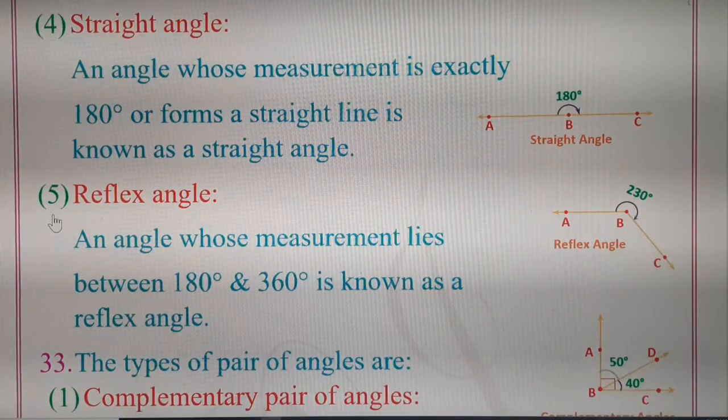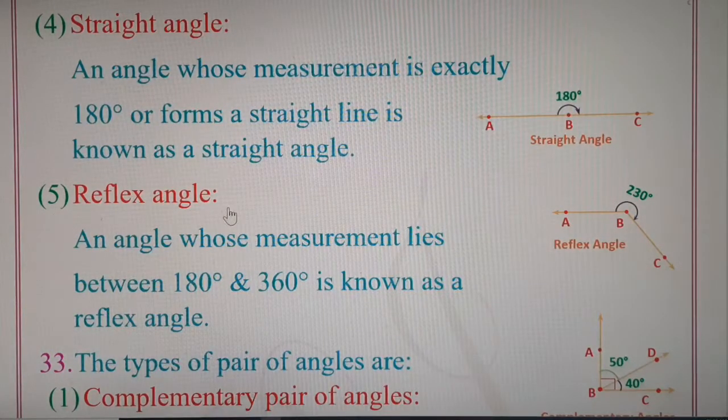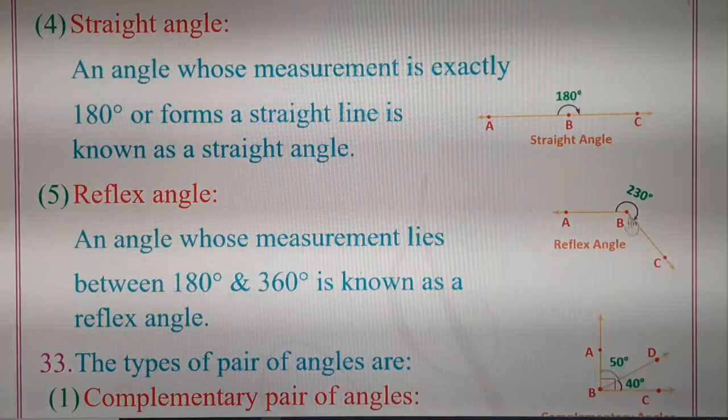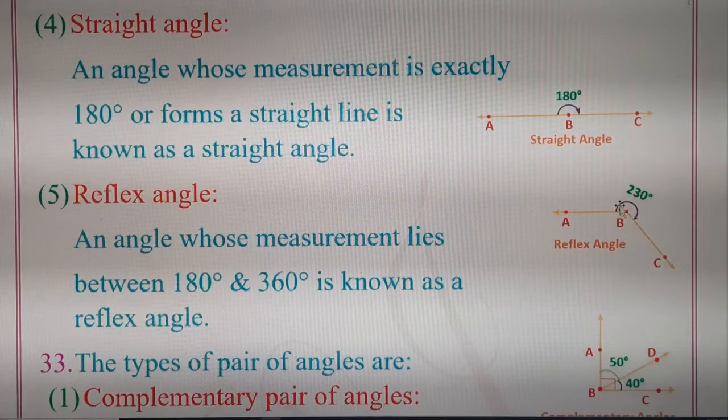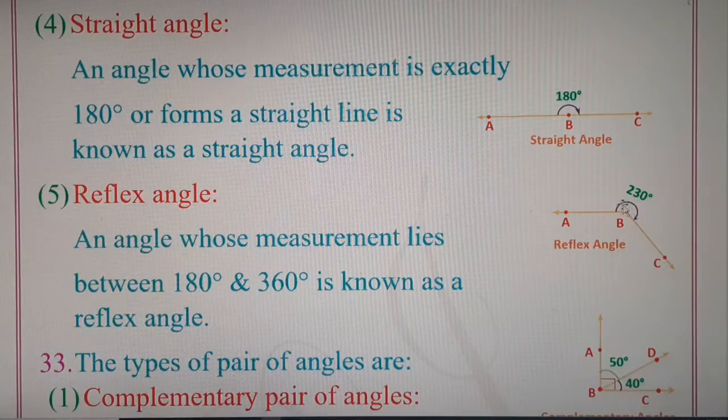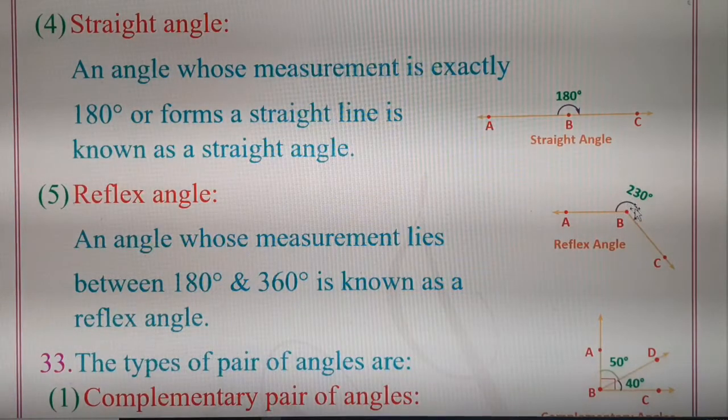Let's go to the next topic, number 5, reflex angle. What is a reflex angle? In this particular diagram, angle ABC is given and the degree measurement is given as 230 degrees. Now children, if you observe, the measurement of the angle is given outside the angle.